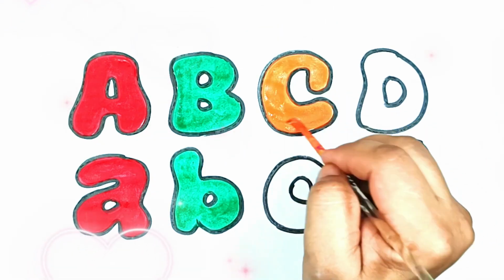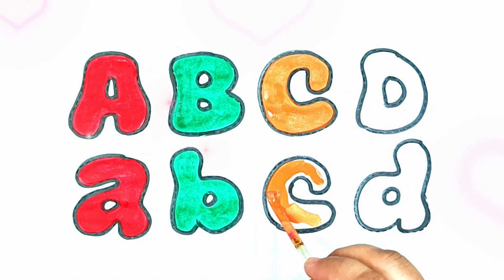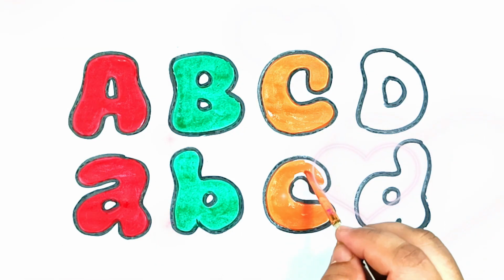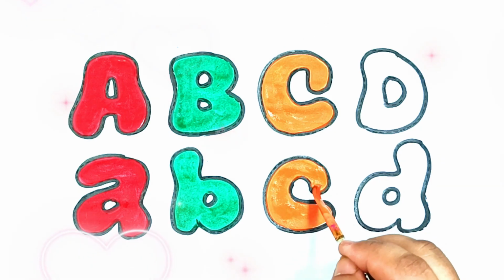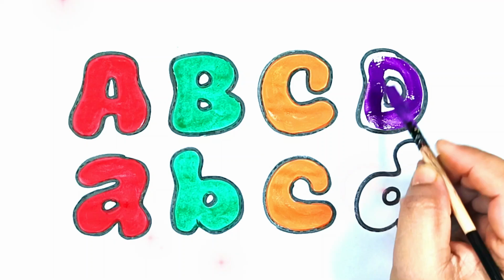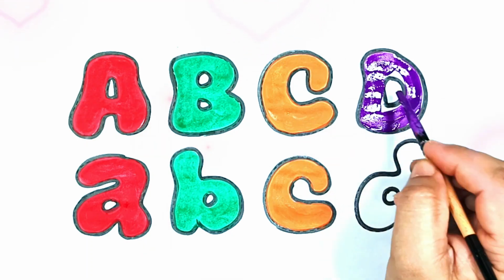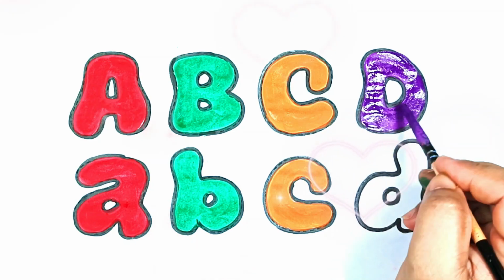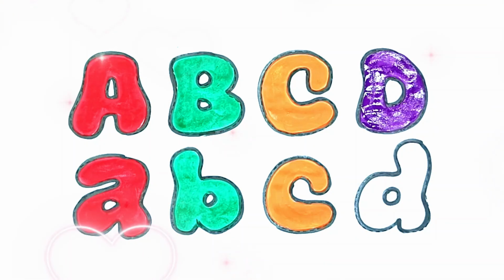C is for car. C is for carrot. D is for duck.